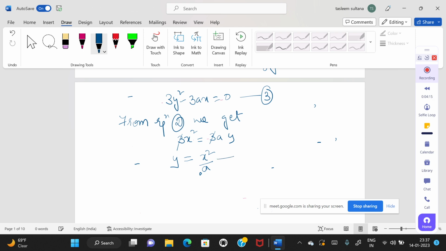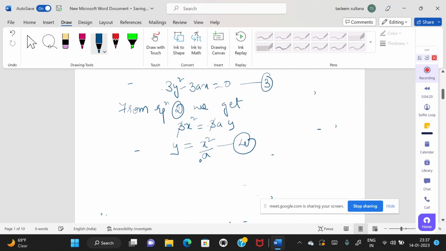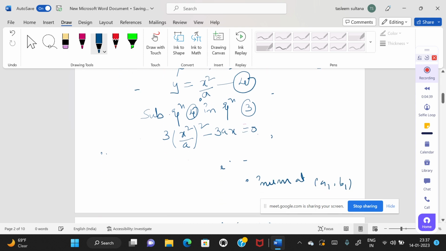Now I will substitute this equation number 4 into equation number 3. What am I going to get? 3 of x square by a whole square minus 3ax is equal to 0.